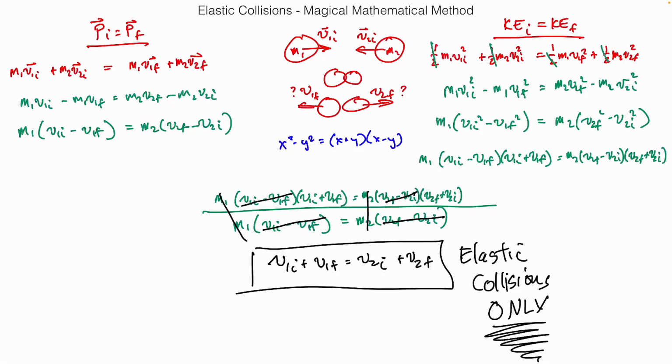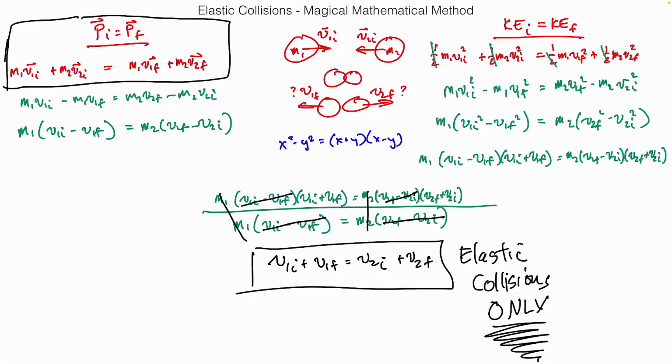This equation in black, coupled with the conservation of energy equation up here, can solve every elastic collision. Those are the only two equations you need. And it works for every situation. For example, if mass 2 were not moving, what would you put in for its velocity?